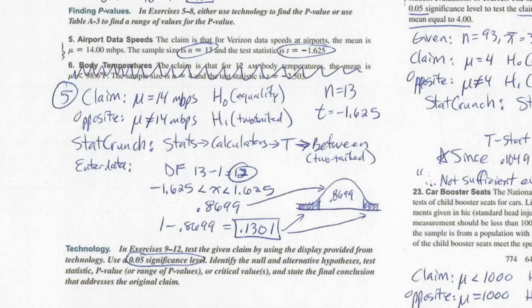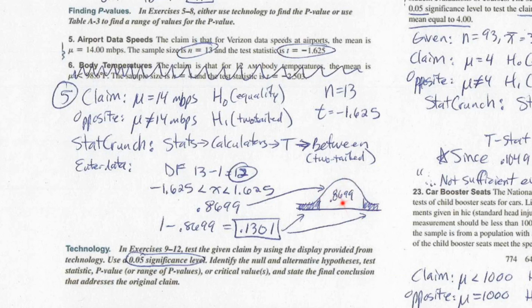Now, in StatCrunch, to get the p-value, we're going to use our stat calculator. You're going to choose T, and you're going to choose between, because this is a two-tailed test. And so it's going to give you the probability between these 2 points.